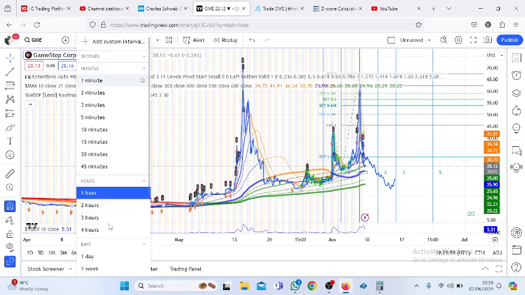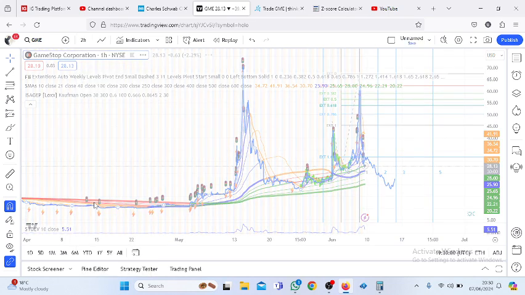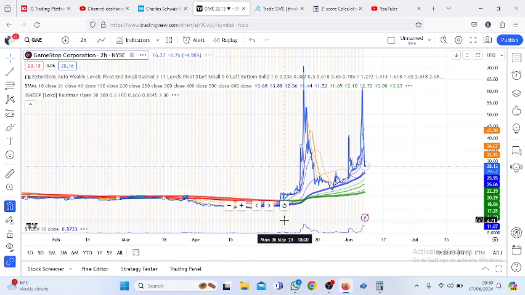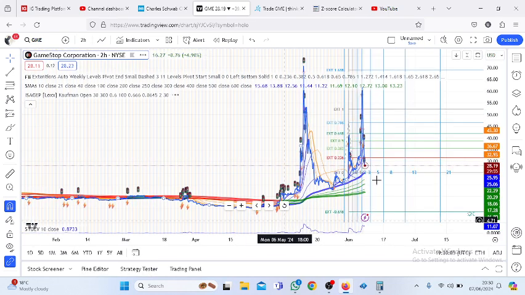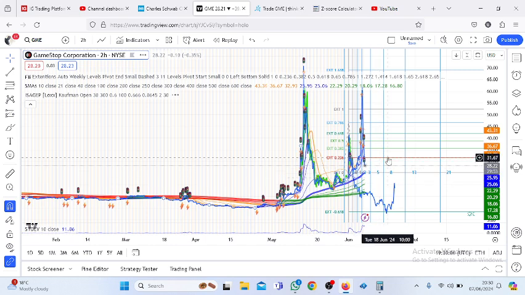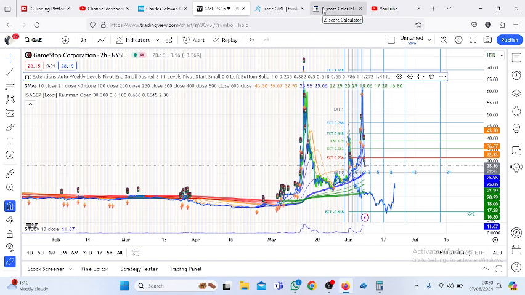Let's look at the 2-hour chart. Do we have anything there? Okay, we have the same $32, but there's also a downward projection of 25.26. Another thing we can do is find the probability that this retracement will continue.